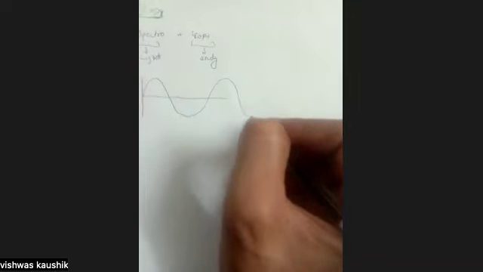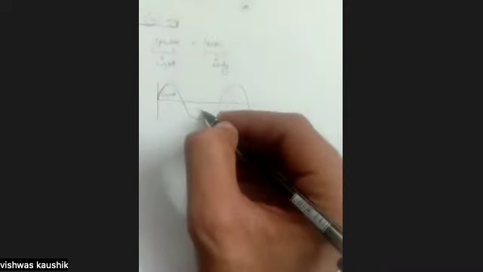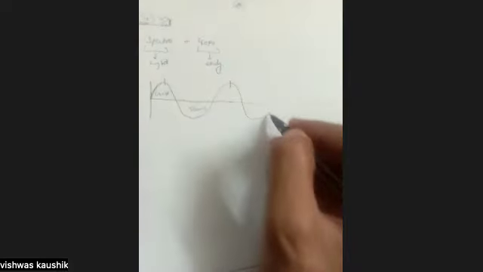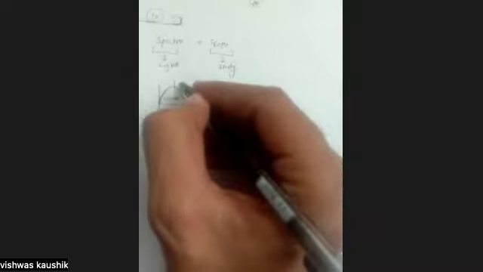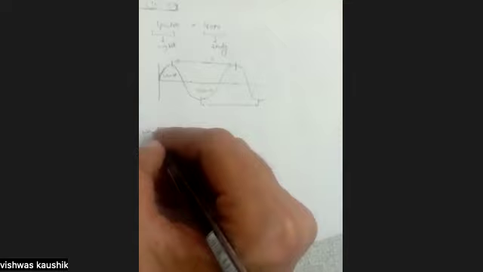The upper part is the crest and the lower part is the trough. The distance between two consecutive crests, or between two consecutive troughs, in a wave is its wavelength. Wavelength is generally denoted by the symbol lambda.